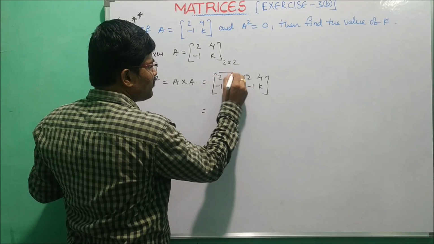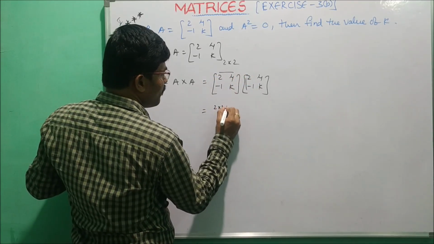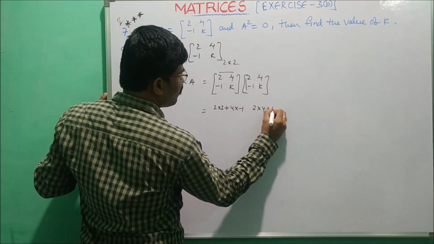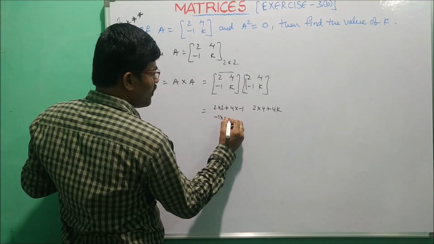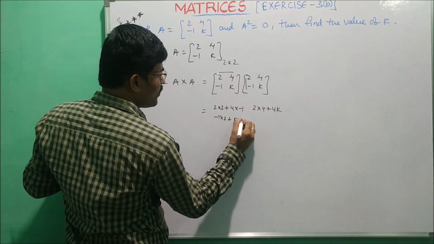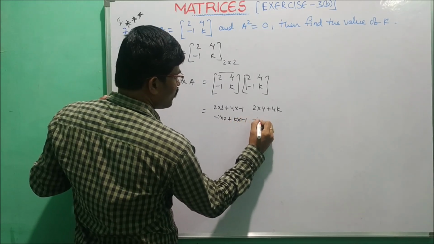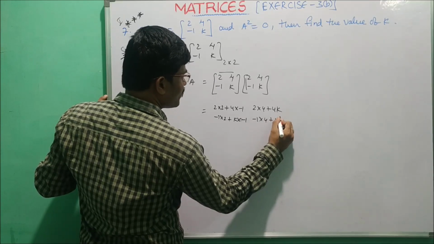Now we take the first row, first column in both matrices: 2 into 2 plus 4 into minus 1, 2 into 4 plus 4 into k, 4k, minus 1 into 2 plus k into minus 1, minus 1 into 4 plus k into k, k square.